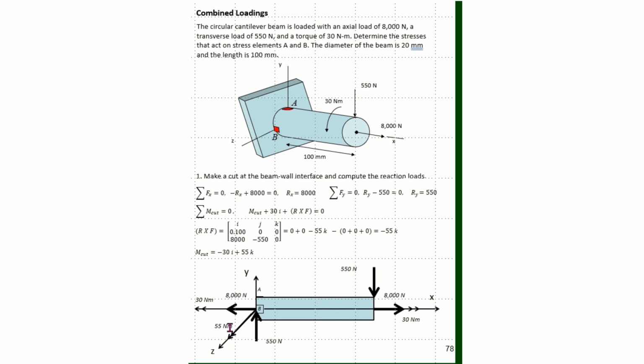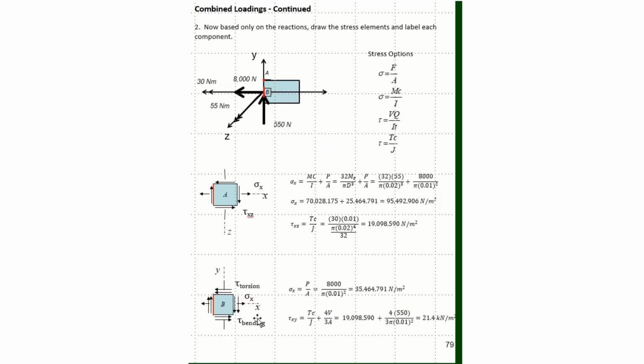Then here, this bending moment, I can see that B is at the neutral axis for the 55 Newton meters, and so it will not cause any stress on element B, but it would put element A in tension. So hopefully you can look at these loads now and come up with these stress elements and identify the directions and the magnitudes of the stresses.